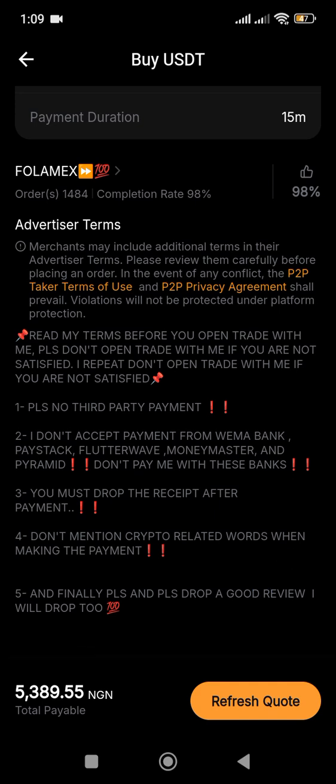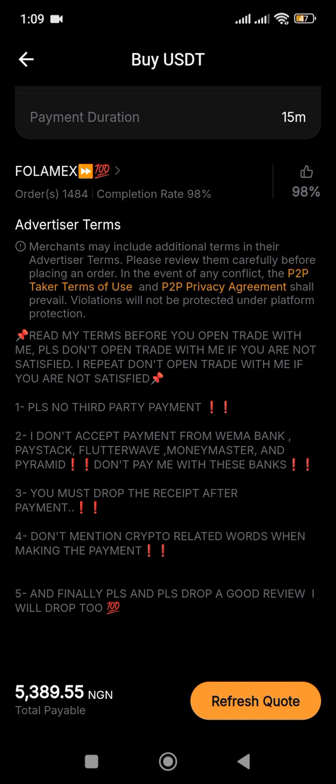Don't click payment completed if you have not completed the payment. When you have paid him, then you click on payment completed. The system will show you where to upload the proof of payment. And then tick the box to confirm that you have completed payment.